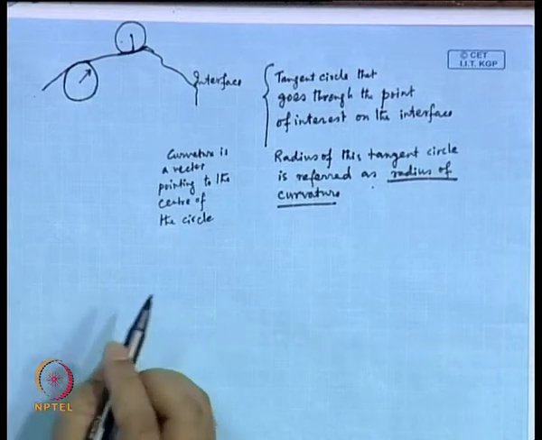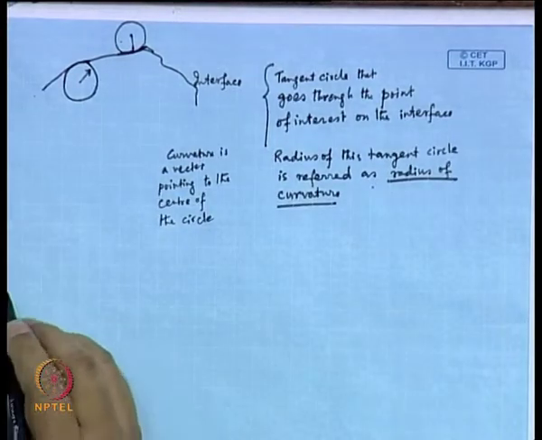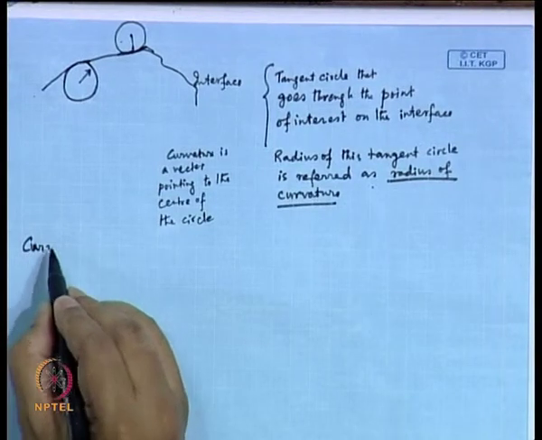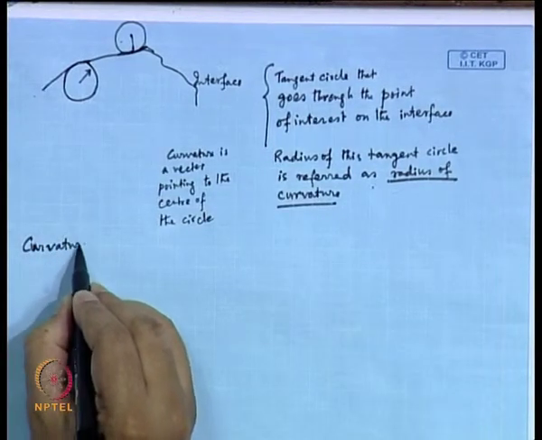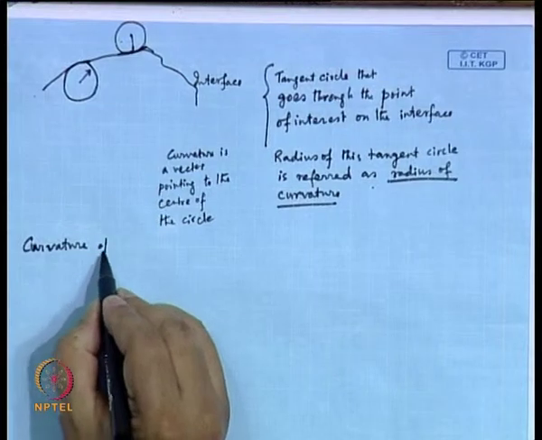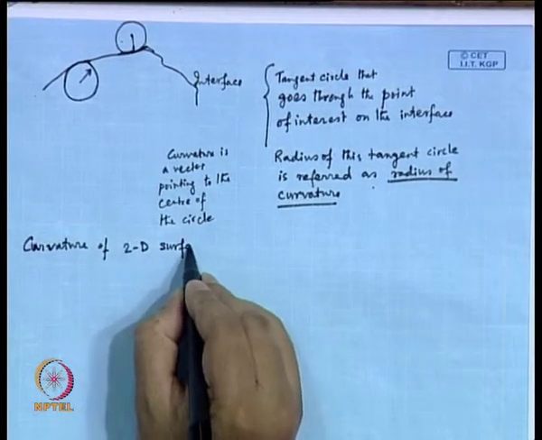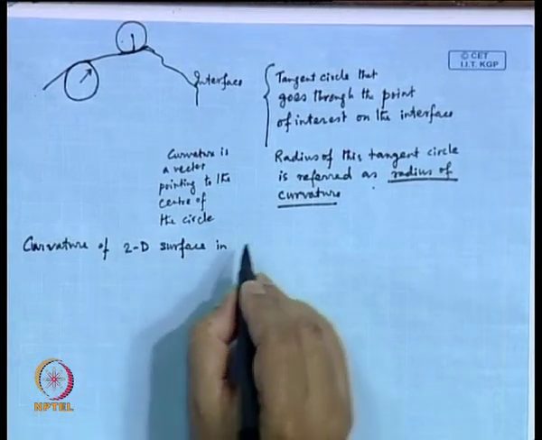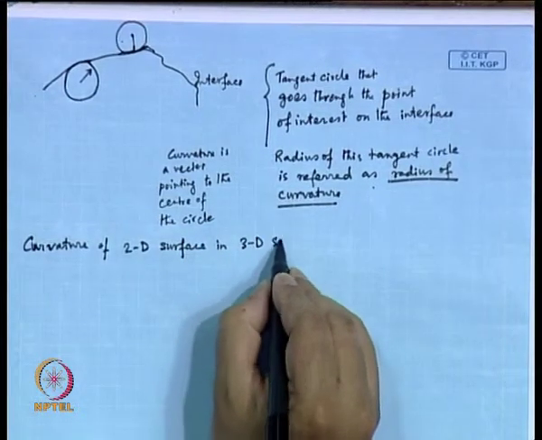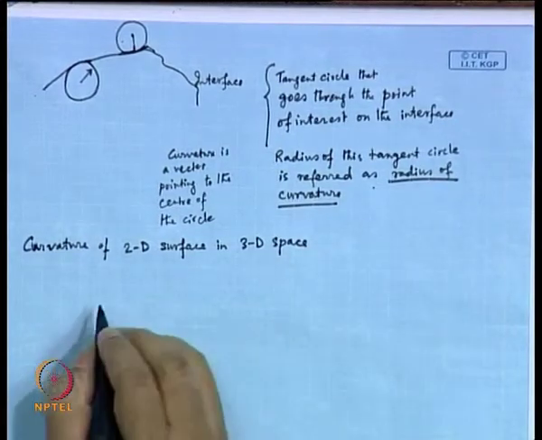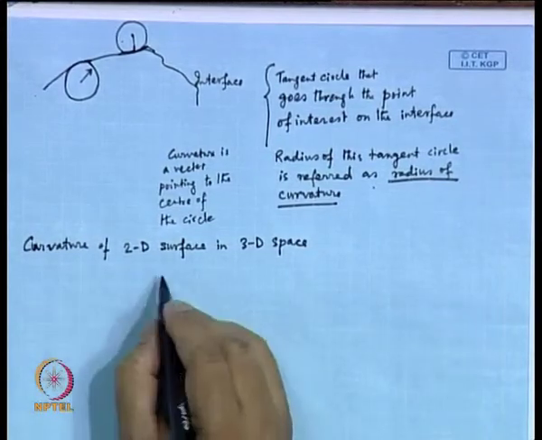Now, there is another issue here. When it comes to a 2D surface in a 3D space, when we are talking about curvature of a 2D surface in 3D space, this can be expressed in many different ways.